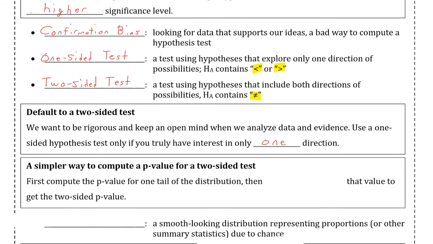If you are doing a two-sided test, then you can actually find the p-value for one side and double that value to get the two-sided p-value, since the distribution should be roughly symmetric in shape. This smooth distribution representing the summary statistics due to chance is known as a null distribution, as it is based on the null hypothesis.